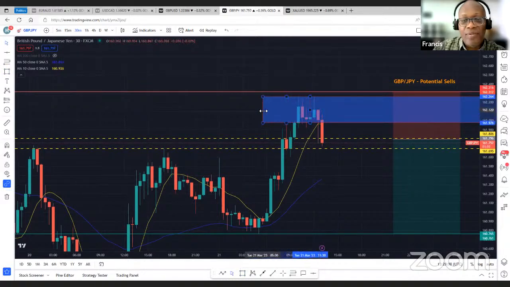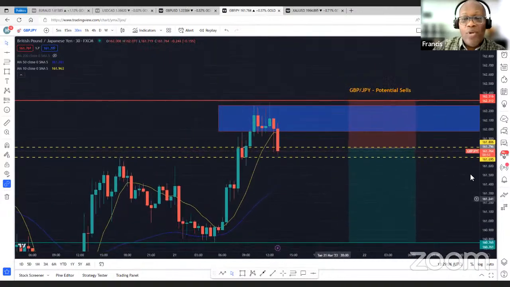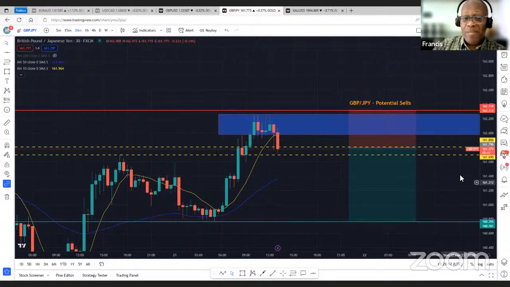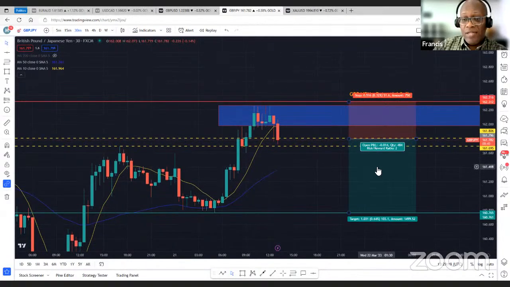Now note, guys, roundabout here is where I've been looking to sell and have my stop loss there, which is like a 50 pip stop loss, at least 1 to 2.